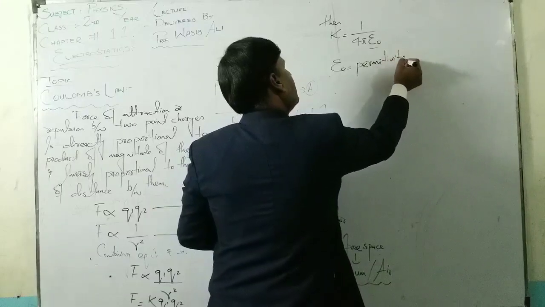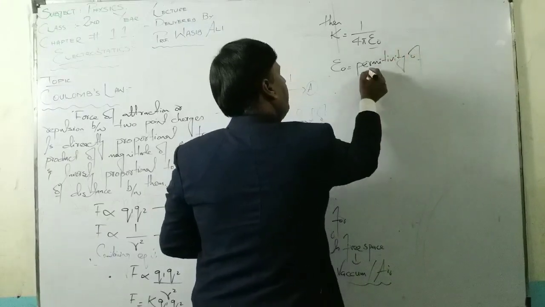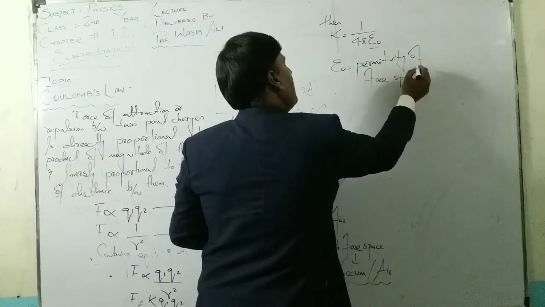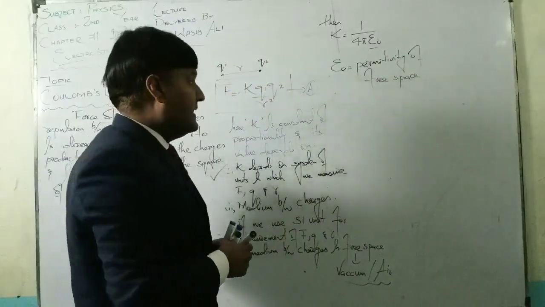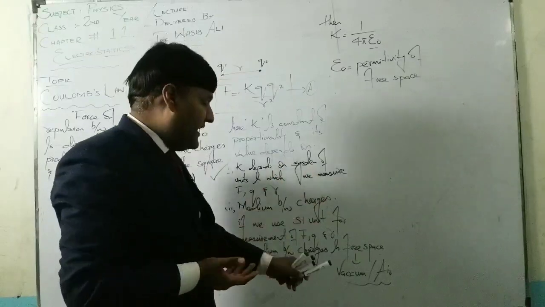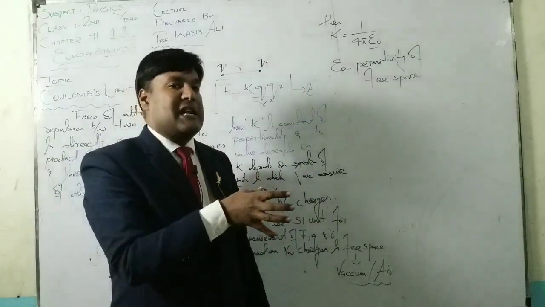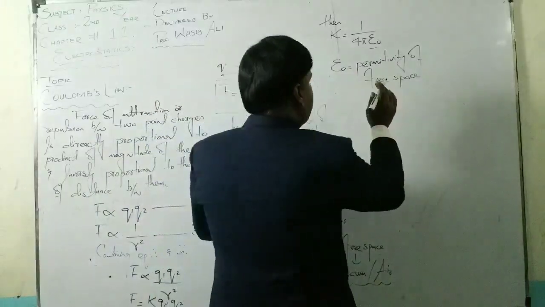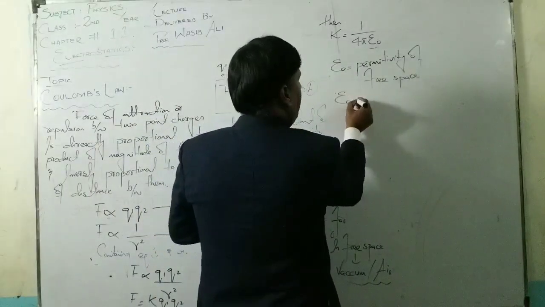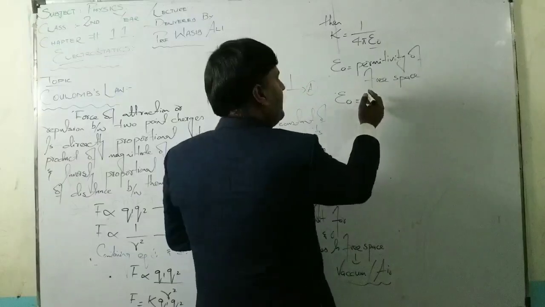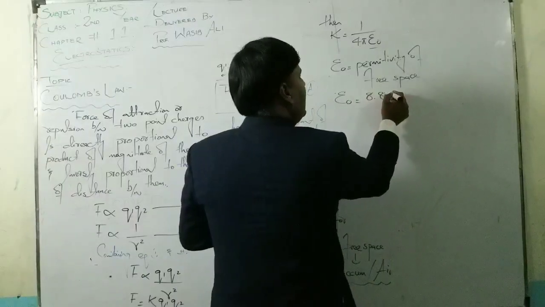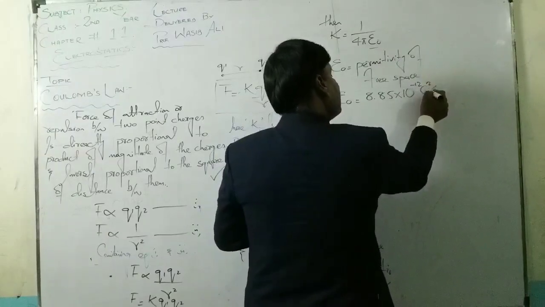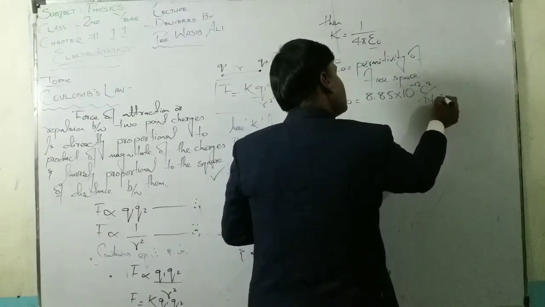Epsilon naught is named the permittivity of free space. Again, the meaning of free space remains the same, whether the medium between the charges is vacuum or air. Its value for free space is 8.85 into 10 raised to the power minus 12 Coulomb square per Newton meter square.